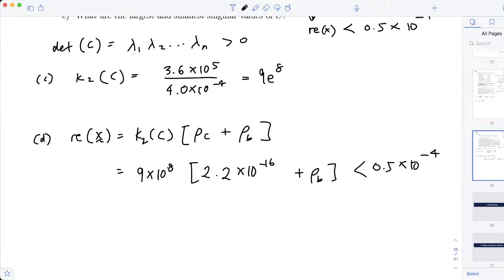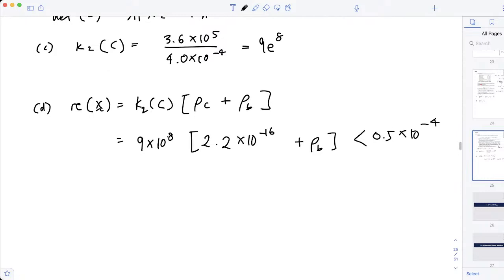So if we just rearrange that, what we are going to wind up with is 0.5 on 9 is going to give us 1 on 18, and then that's going to be times 10 to the negative 12.